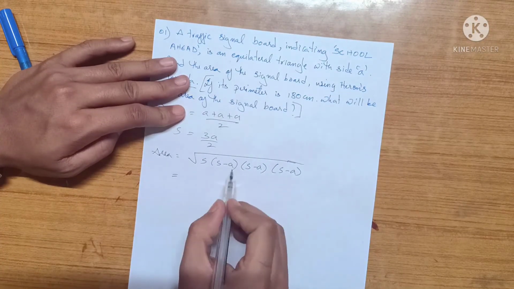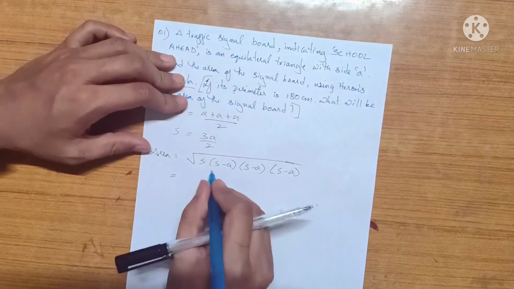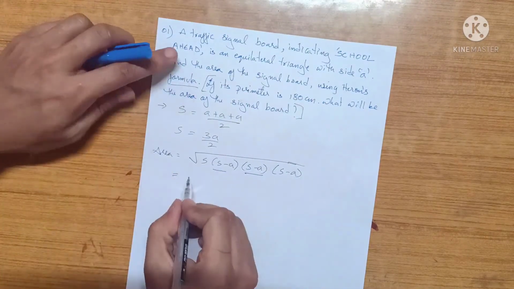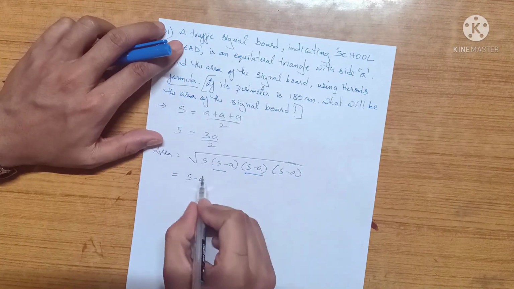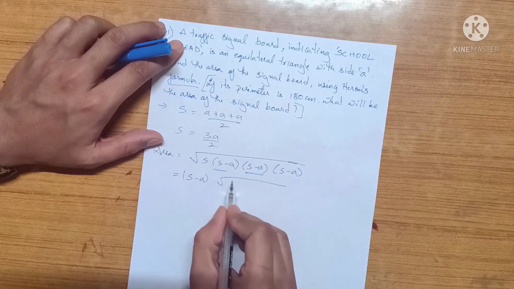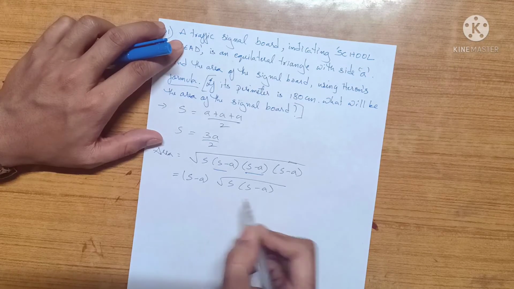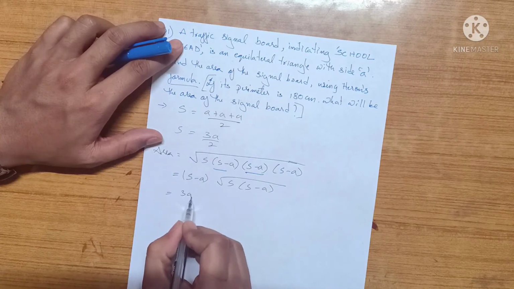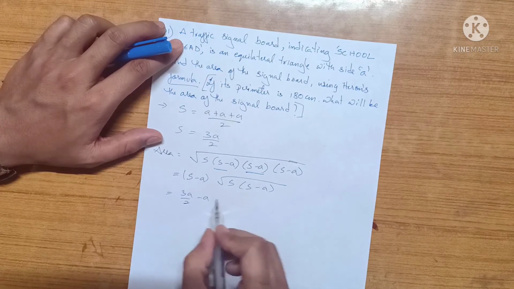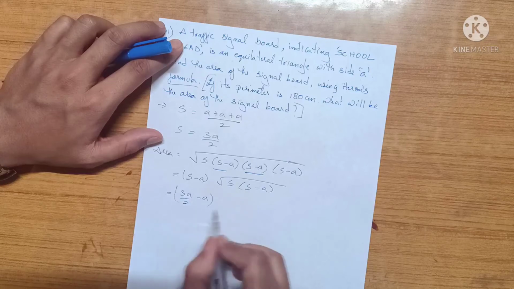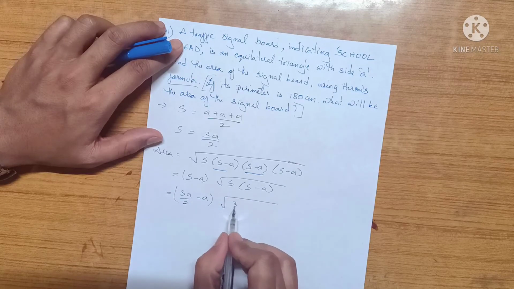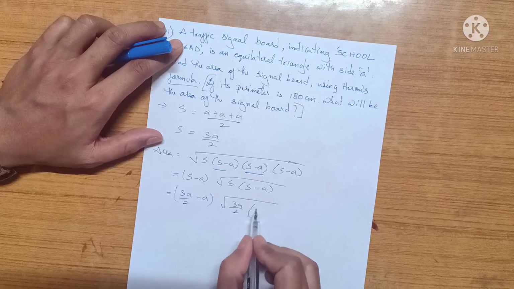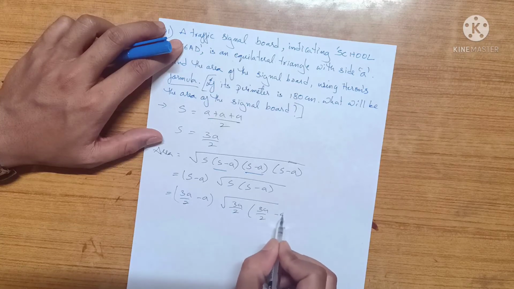Okay, so this one, s minus a into s minus a is a pair. So s minus a will come out, and then s into s minus a will be left inside, right? So s is literally 3a by 2 minus a. This one 3a by 2 into same thing 3a by 2 minus a.